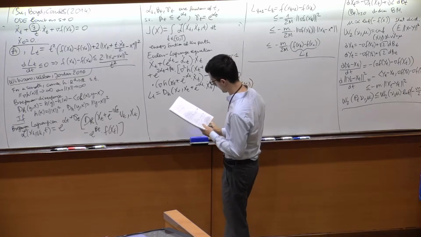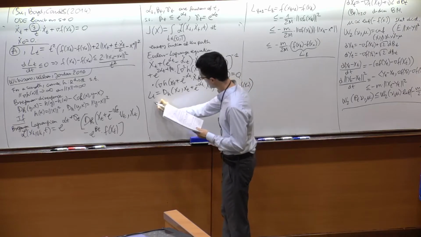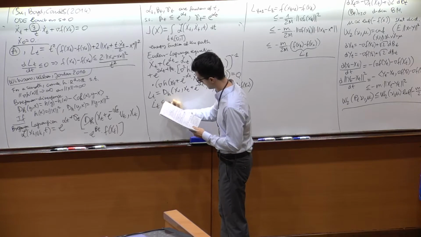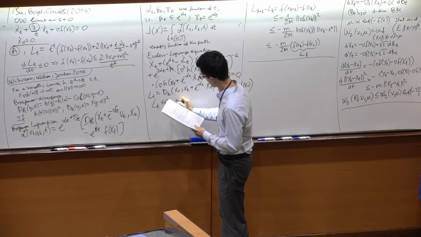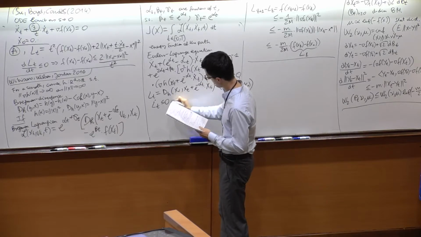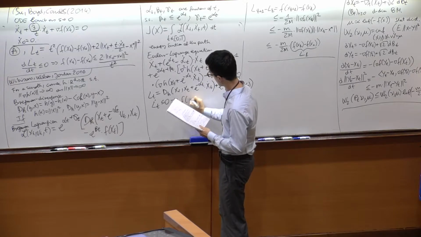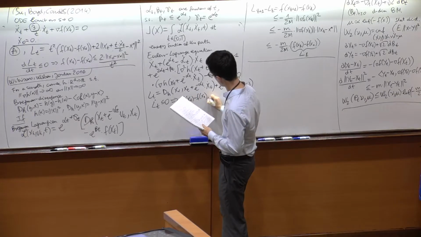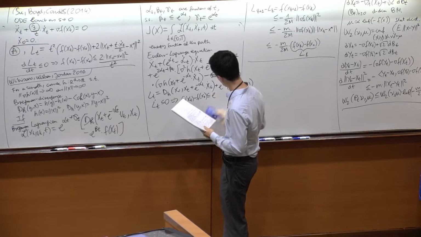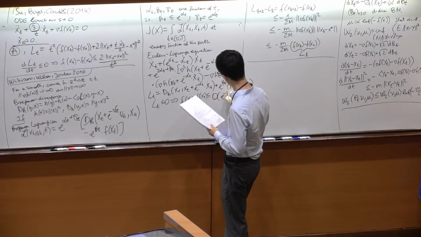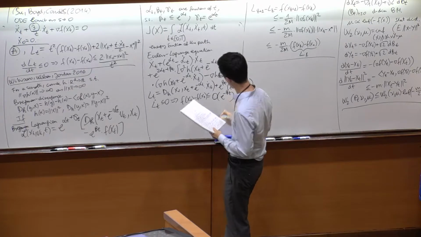So this is the Lyapunov function, and it satisfies that its derivative is less than or equal to 0, and that implies that the convergence rate is less than or equal to order e to the minus b beta t.